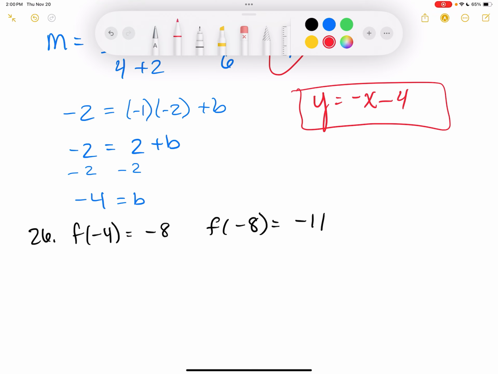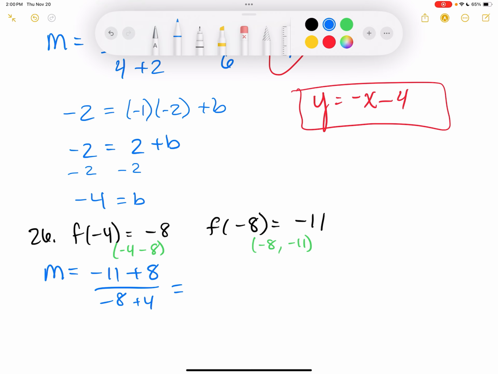What is it called? Slope. Yeah, slope. Do you want to rewrite them as an ordered pair first? Nah. Negative 11 plus 8 over negative 8 plus 4.